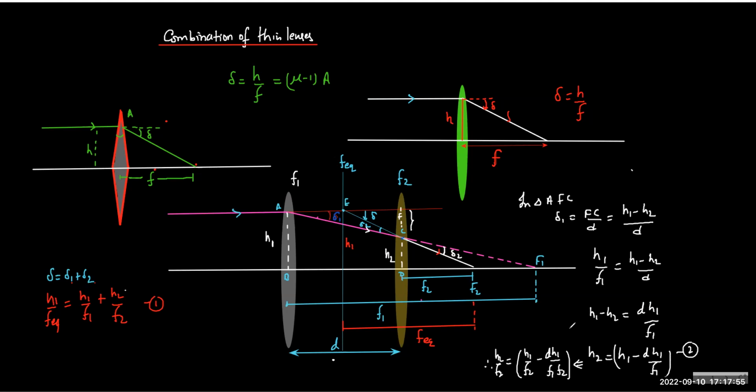From 1 and 2, H2 by F2 we can replace by H1 by F2 minus D H1 by F1 F2.